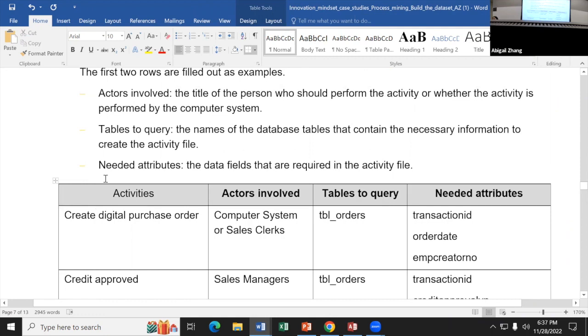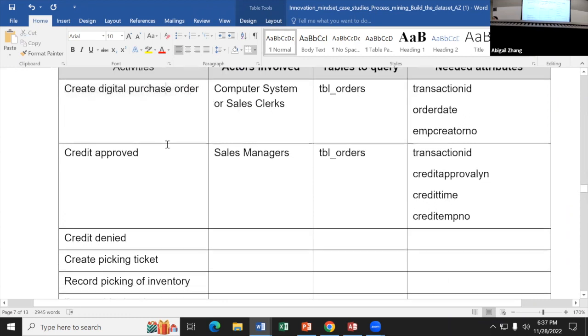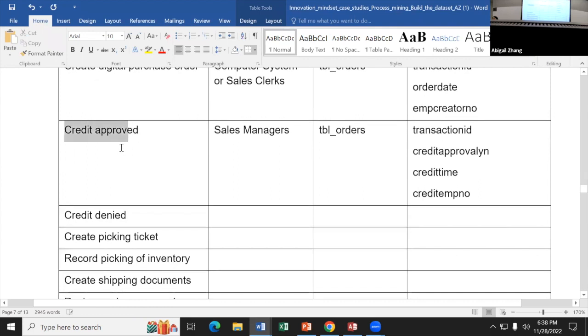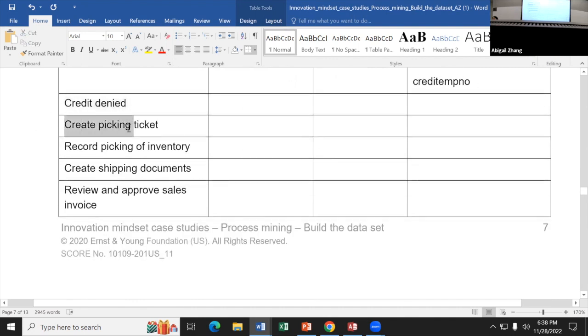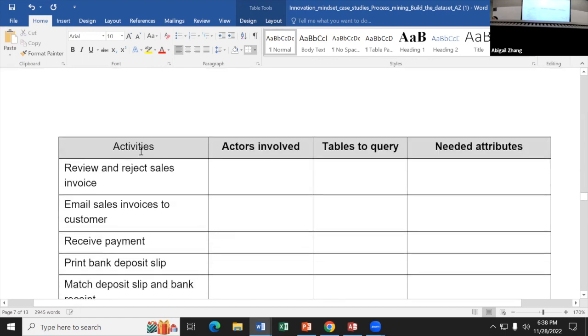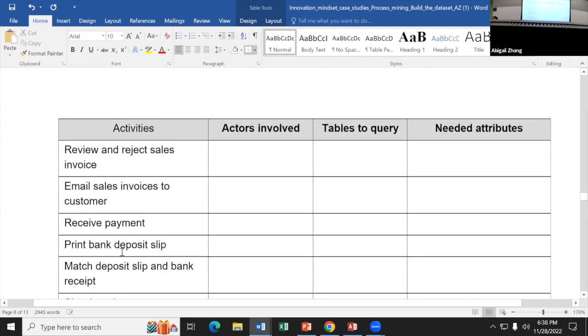It identifies 14 major activities that we are interested in. Here you can see a lot of overlap, right? For example, I have create purchase order, and then credit approval and deny separately. And we also have creation of picking ticket, and so forth.